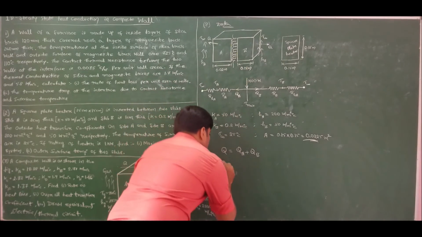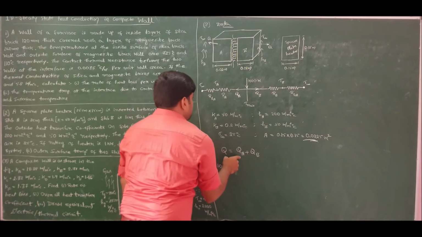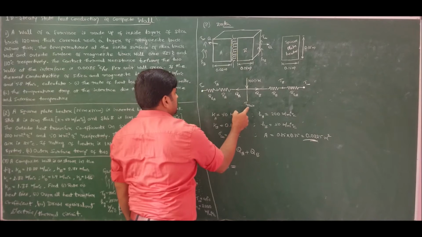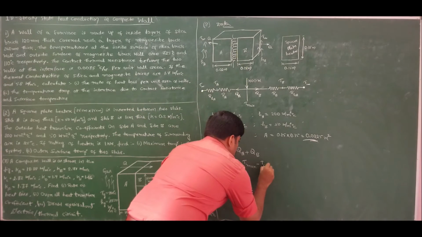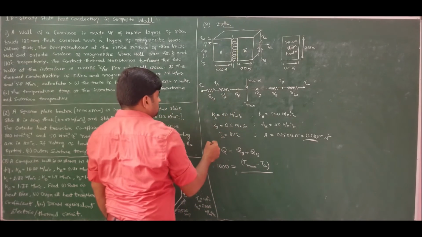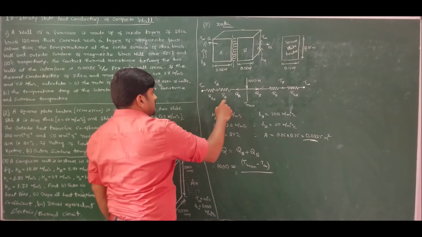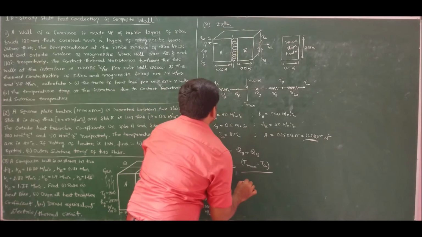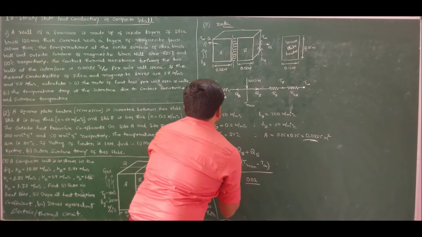That is, Q is 1000, which is equal to TA. On A side I will take it from T max to T infinity, that is T max minus T infinity, whole divided by resistance RA and RHA. Resistance RA is known for us, it is L by KA. L is 0.02 divided by KA.